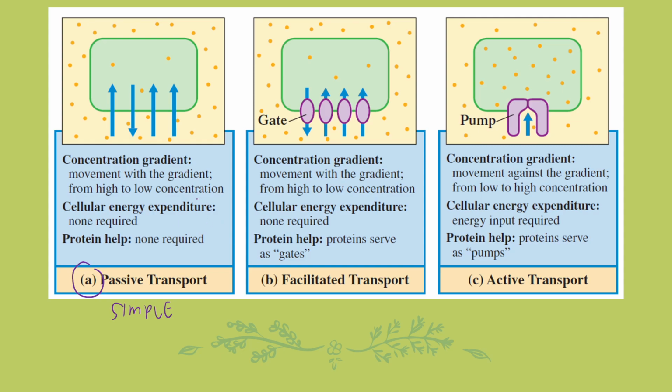Tapos, of course, letter B is your facilitated transport and lastly, your active transport. And di ba, ito po yung sinasabi ko na yung carrier protein nyo can be called your gate or channel proteins, but for your active transport, that would be your pump. And looking at here, na-explain ko na kung ano yung concentration gradients nila and if kailangan ba ng energy. Okay?